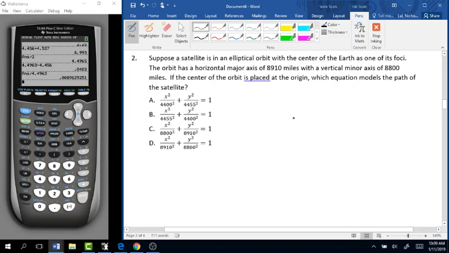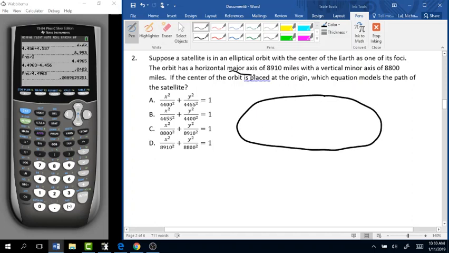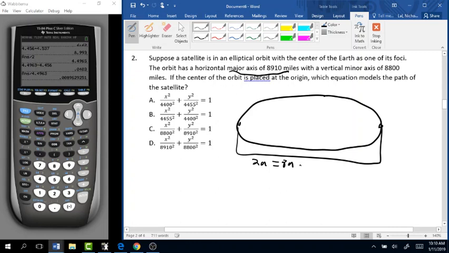Okay, so let's look at this ellipse. We have a horizontal major axis of 8910. So that means 2A equals 8910.